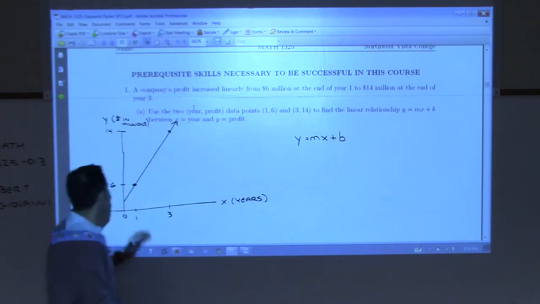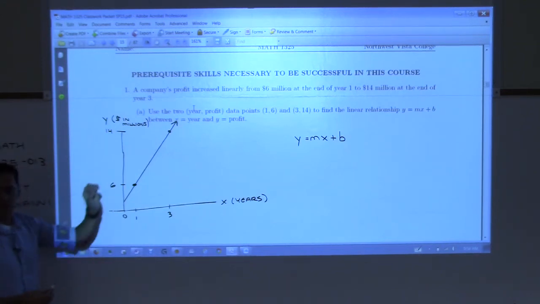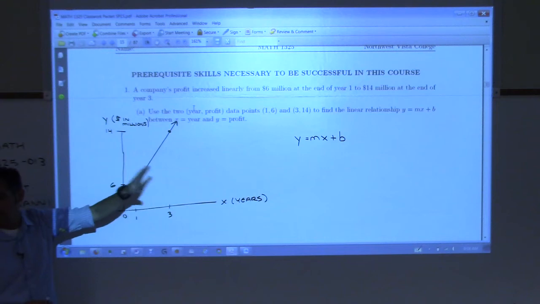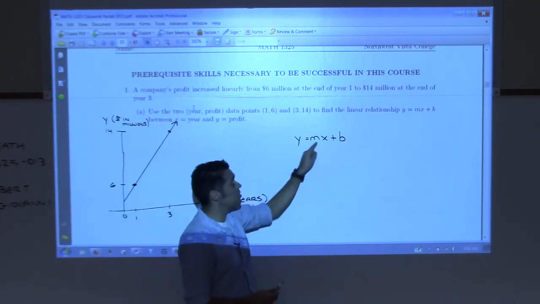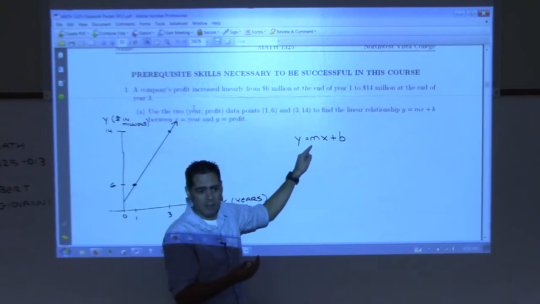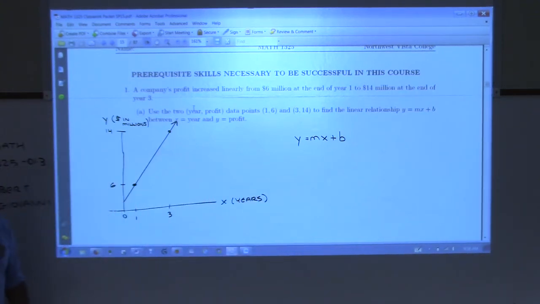Do we have the y-intercept of this line? Is it given to us? It's not, which means that we are not going to be able to use that formula right off the bat. If we knew the y-intercept, couldn't we just plug that y-intercept right in here and then just go find m and we would be done? But because we don't have the y-intercept, we actually have to start with a different equation, not that one.